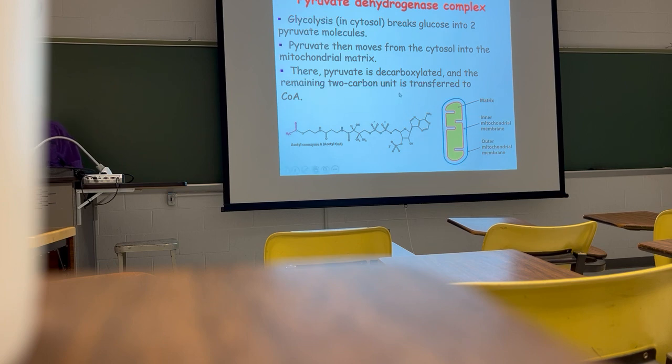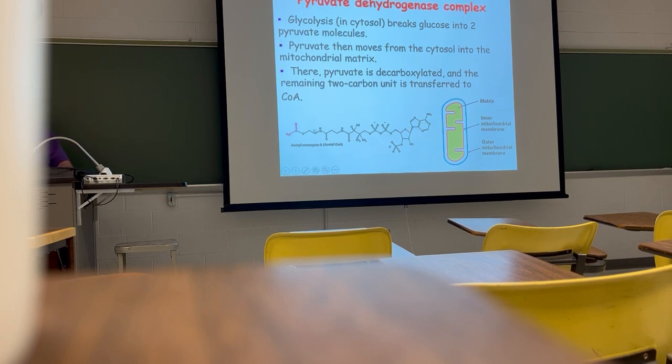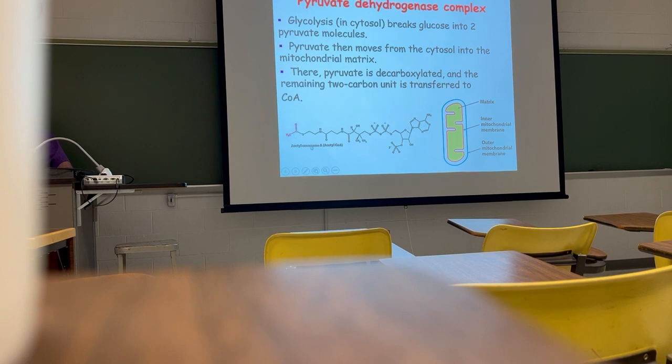Pyruvate is decarboxylated. One carbon dioxide comes off by an enzyme complex called the pyruvate dehydrogenase complex. And the remaining 2 carbons are attached to coenzyme A. So you learned about coenzyme A in the introduction to metabolism with Dr. Zolkuska.